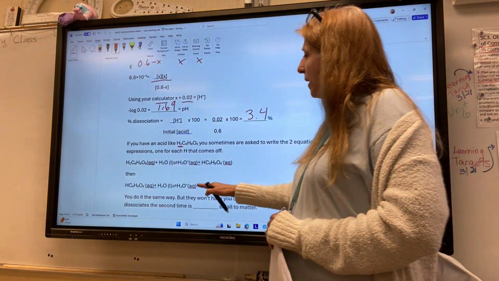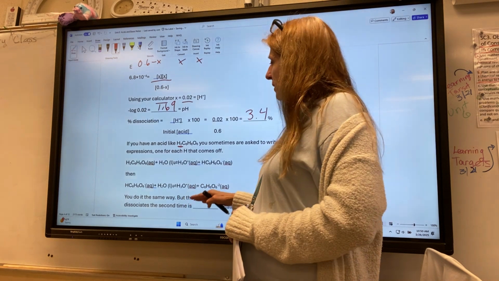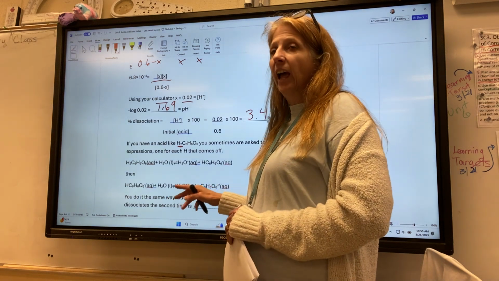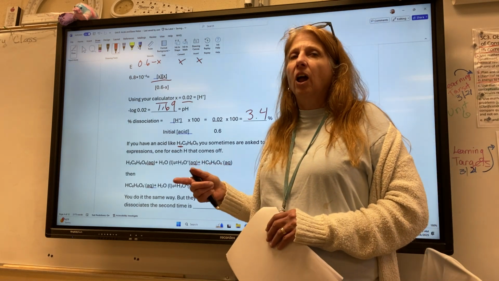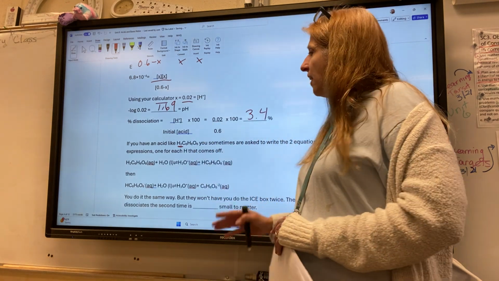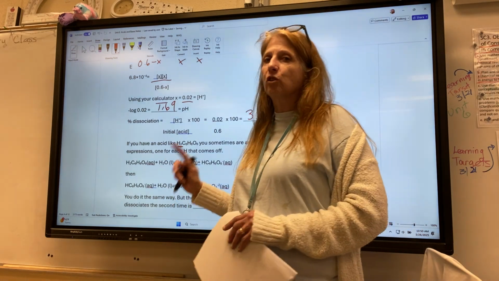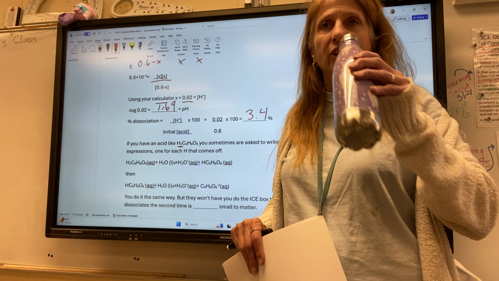Now they won't make you do the ICE table again, because if you did and you added those H concentrations together, looking at sig figs, the number doesn't change. The second one does not contribute much at all. So you won't have to do that.